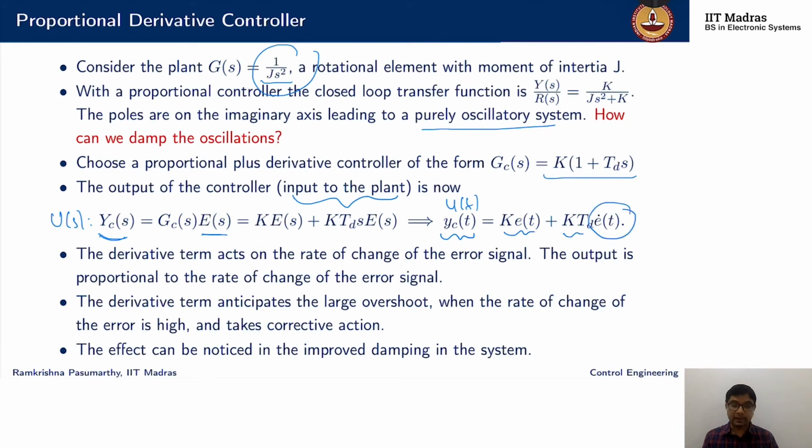The derivative term again acts on the rate of change of the error signal. The output is again proportional to the rate of change of the error signal, the anticipatory behavior, and so on.